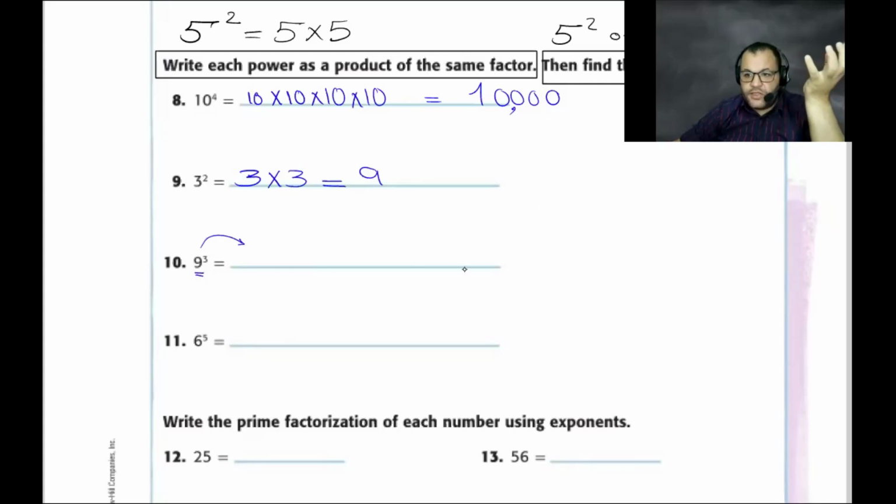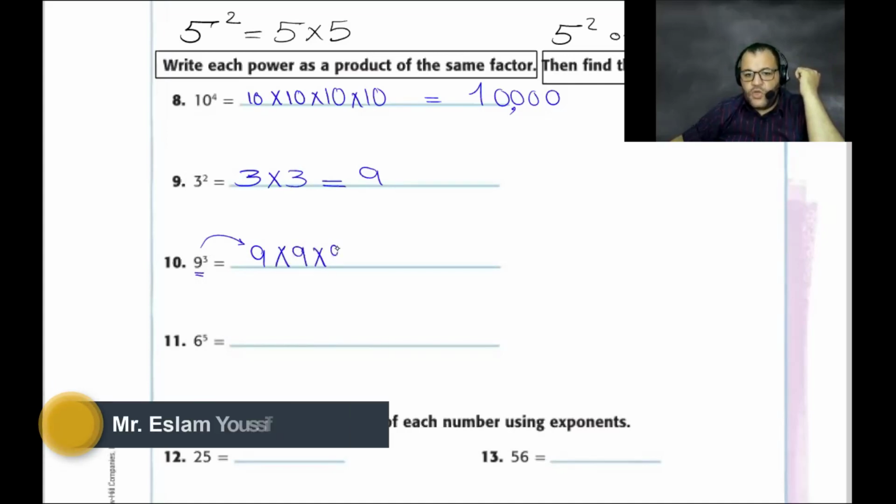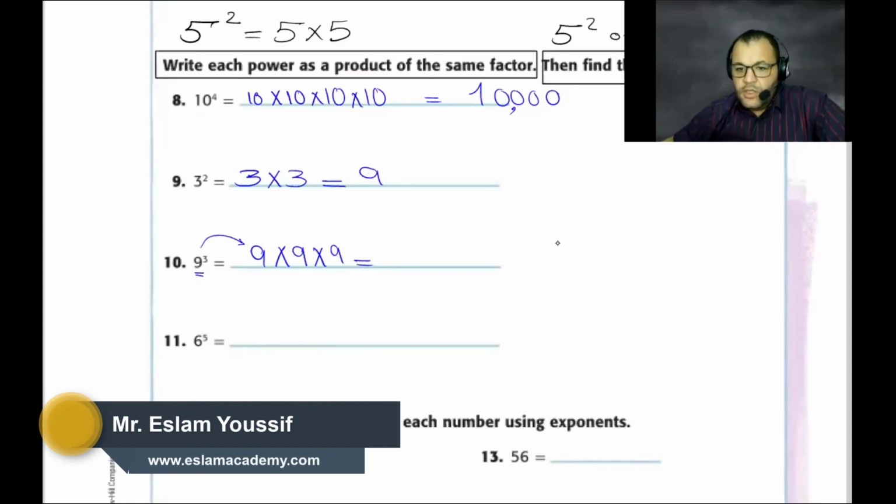I need to convert the power to be a product. What do I have to write? 3 nines, like 9 three times. That's the meaning of 9 to the power 3 for me. This is the answer: 9 times 9 times 9. Okay, so what is the answer now? How can we solve this one?